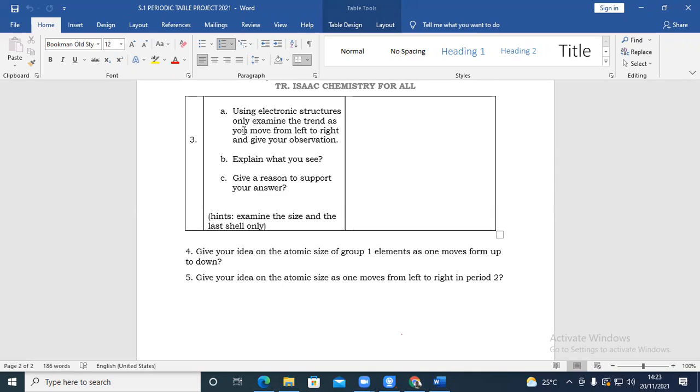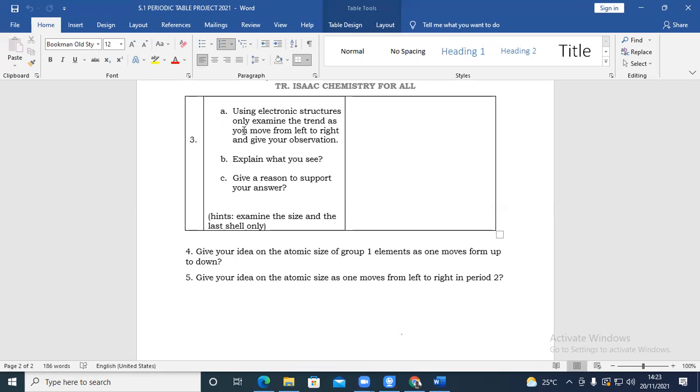Yes. So the observation is an increase in electrons from left to right. Good. Okay. Give a reason. That one is not there.